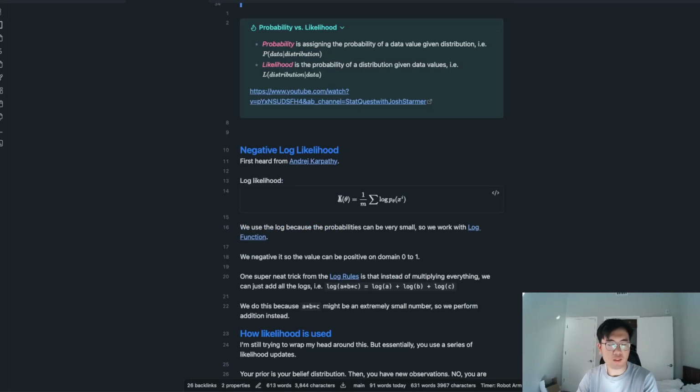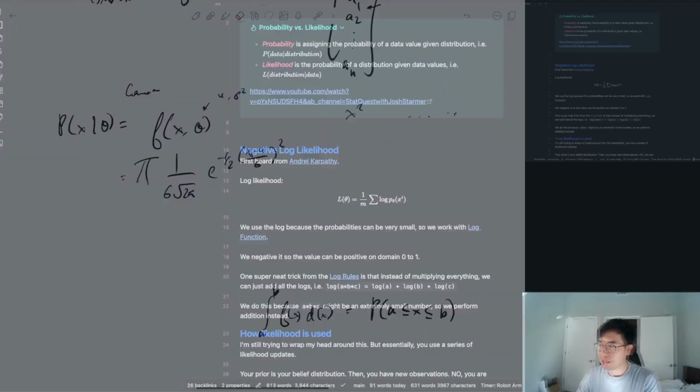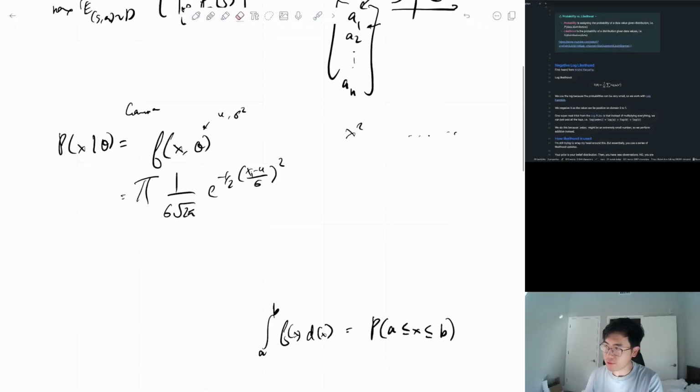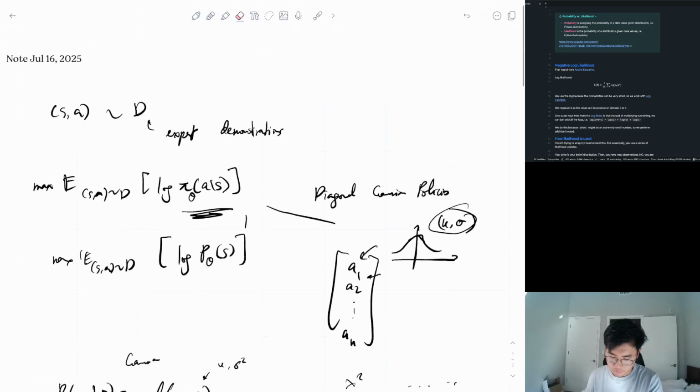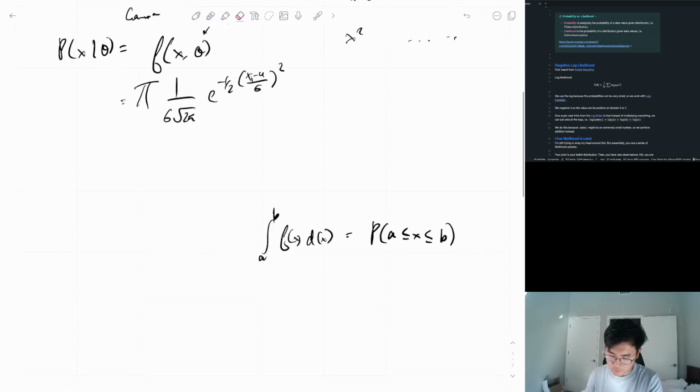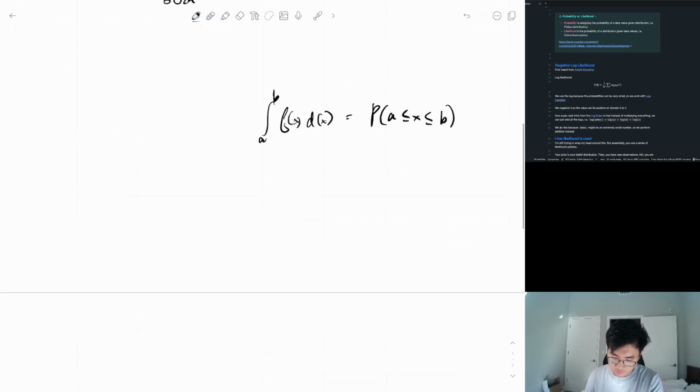You want to maximize the likelihood because you want to maximize the probability. You want your parameters to be such that when you sample from a distribution, it represents your target data distribution, right? And so what we're doing, once again, to reiterate this log likelihood, what is our objective when we're doing behavior cloning? Forget the log for a second.